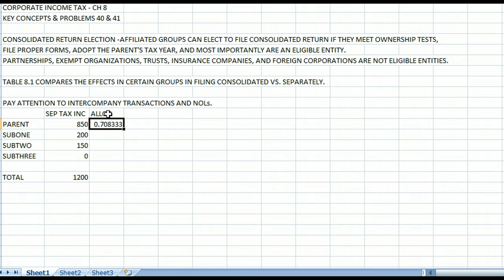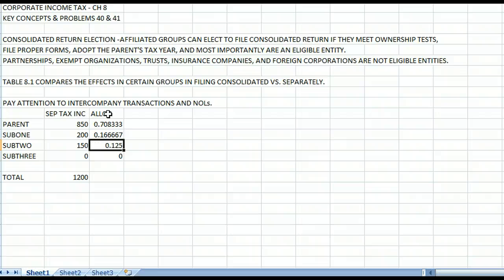So we're trying to figure out what portion is 850 to the 1200. We're going to say 200 divided by 1200, 150 divided by the 1200, and then 0 divided by the 1200. Those are going to give us our rates based on taxable income and how we will allocate it out.